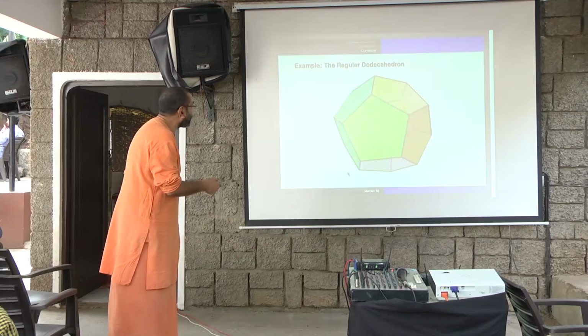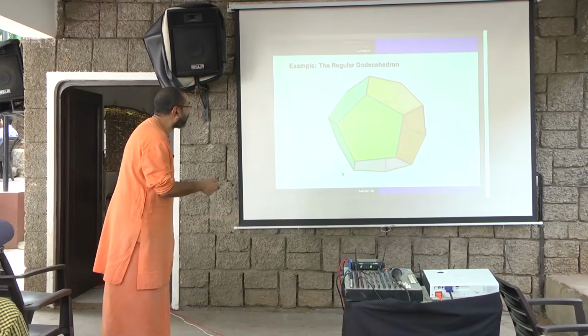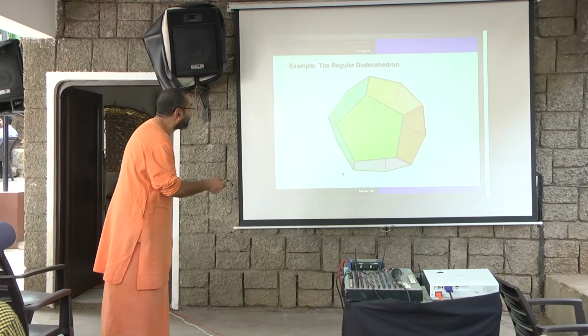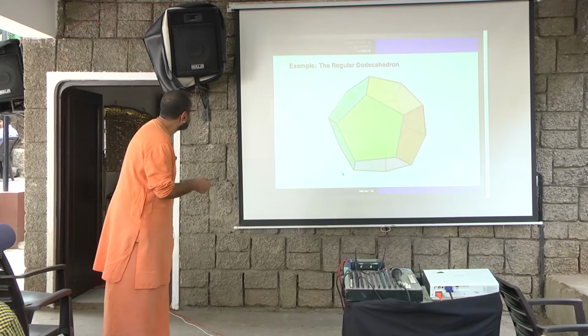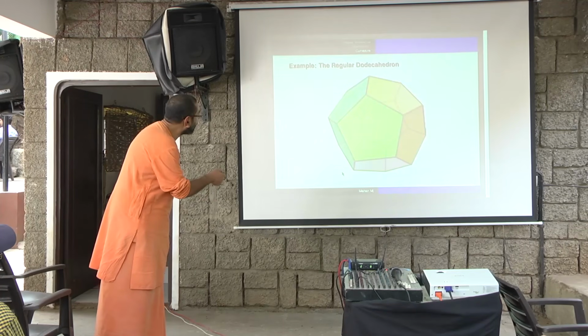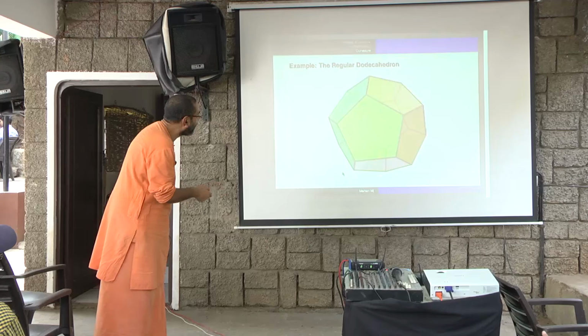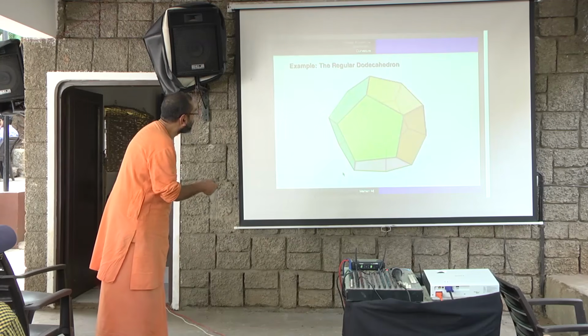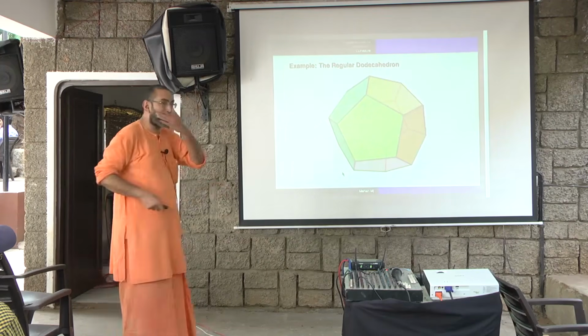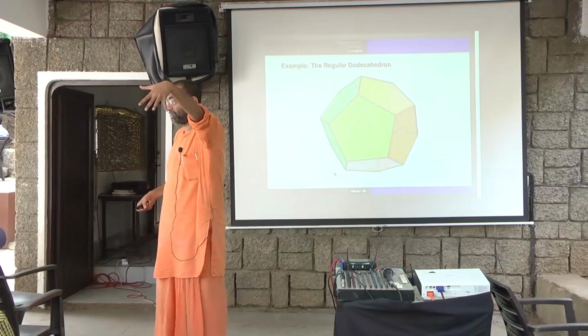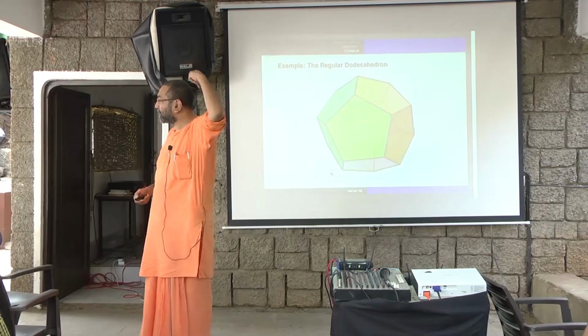See these layers of 5 vertices: 1, 2, 3, 4, 5. At the next level, it's 1, 2, 3, 4, 5. The level below that is this vertex here, 1, 2, 3, 4 and 5. And behind there is one more 5. So there are 4 layers of 5 vertices each, so the total number of vertices is 20.